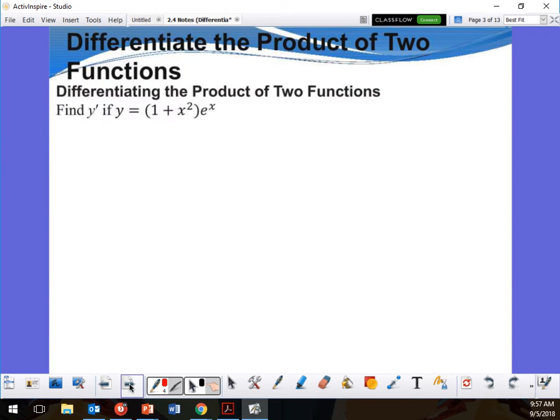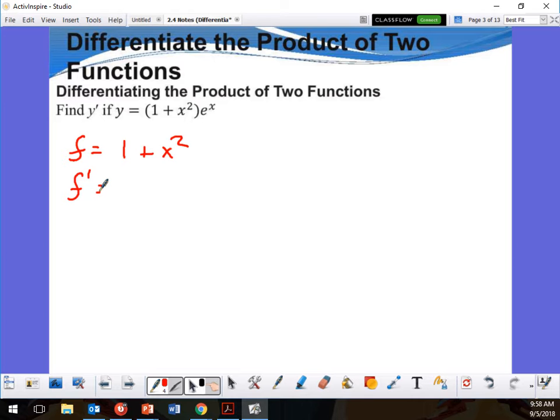Okay, so let's take a look. This is a product rule here. So f is going to be 1 plus x squared. F prime, so take the derivative of f, is going to give you 2x, right?